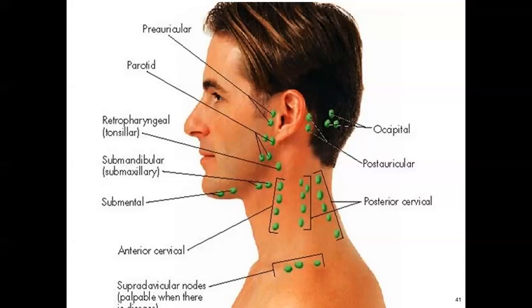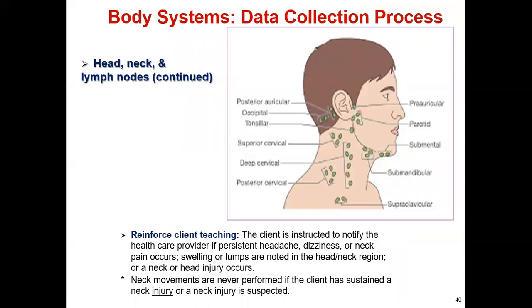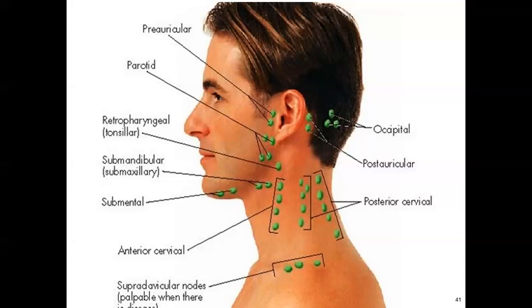Very important. Now I'm going to show you, first of all, we check by inspection. If any lymph node is really big, we can see it. After inspection, we go for palpation. This one is called pre-auricular because it is in front of the ear, particularly this bony part called the tragus. Post-auricular means behind the ear, over the mastoid bone.